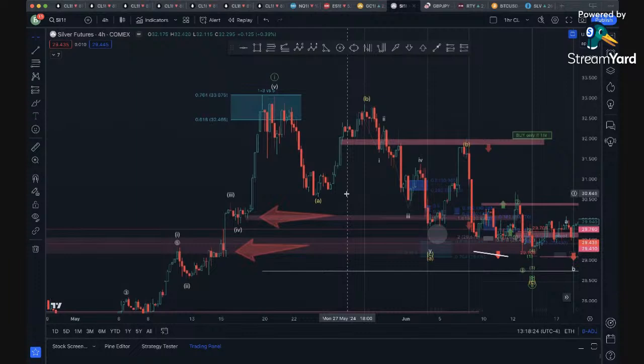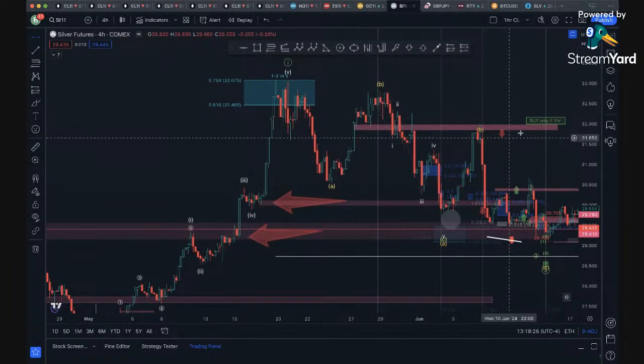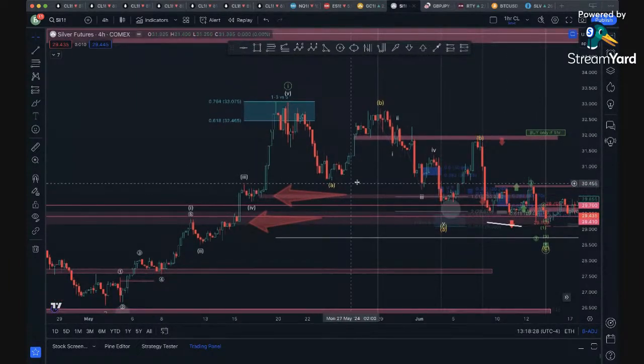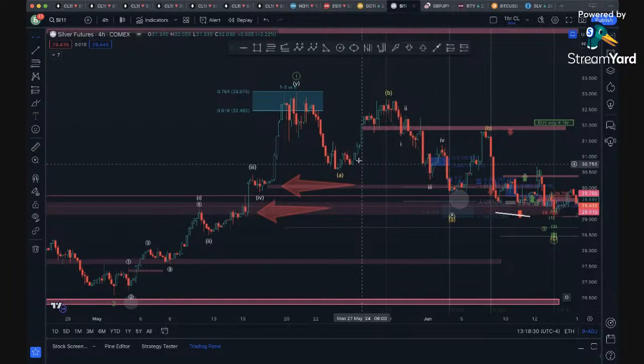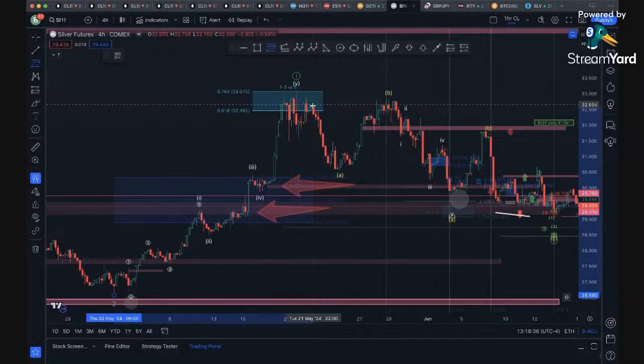And while we are talking about that pullback, which I've labeled an A wave, another clue regarding how you know what kind of pullback we're dealing with: part of it is based on where it terminates.